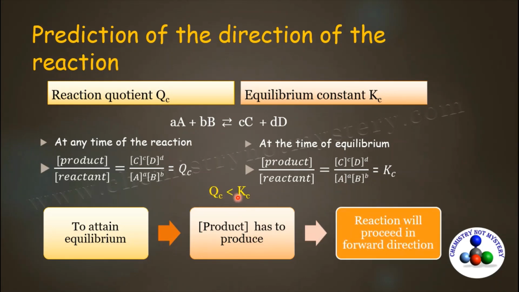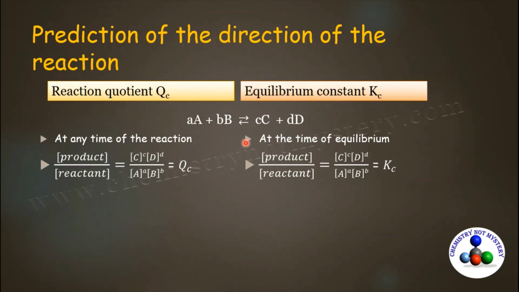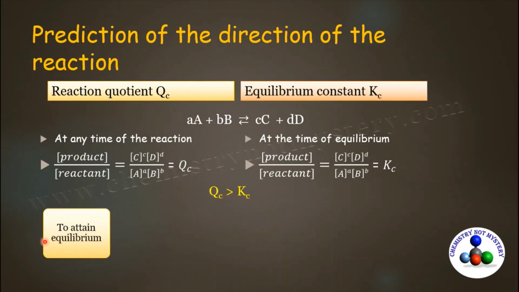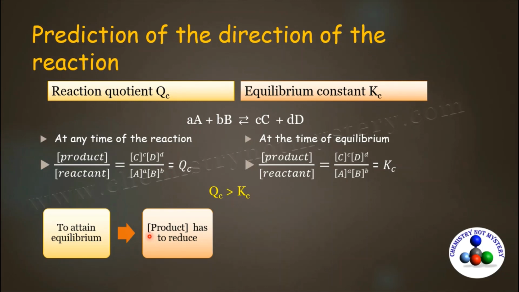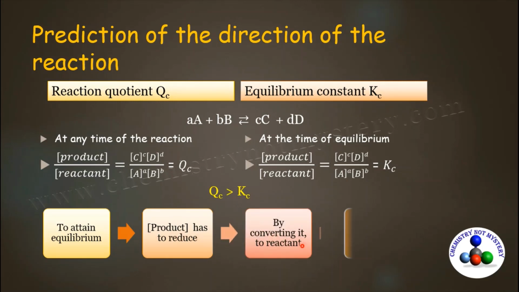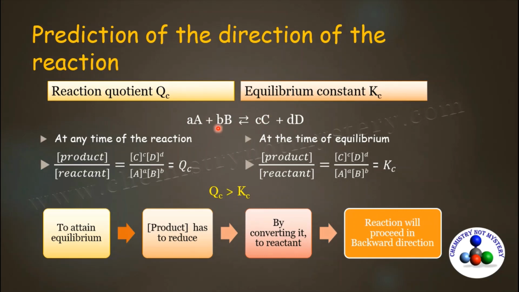So if Qc is less than Kc, the reaction will proceed in the forward direction. Now come to the other condition where Qc is more than Kc. In that case, to attain equilibrium, product concentration has to reduce. Product concentration can be reduced by converting it to reactant. That means the reaction will proceed in the backward direction if Qc is more than Kc.